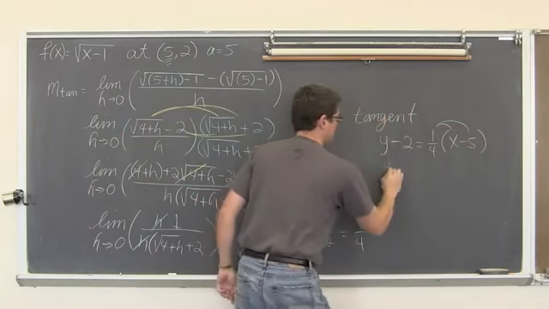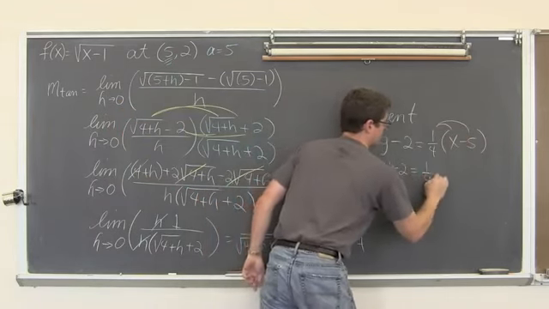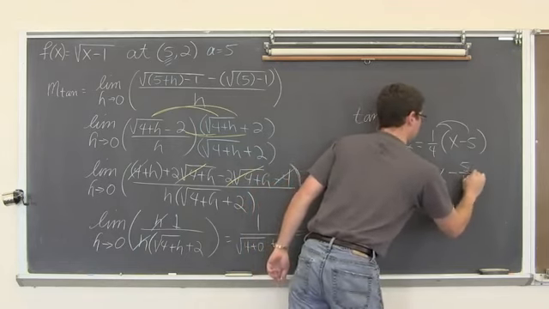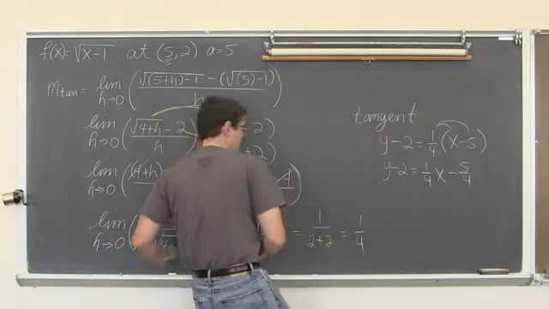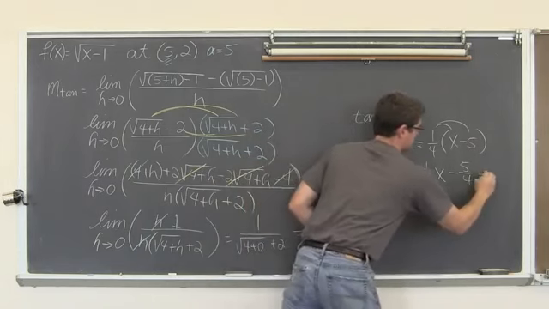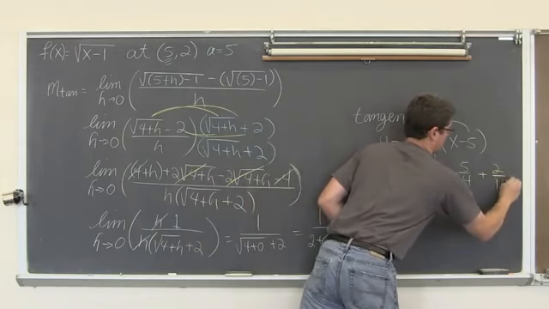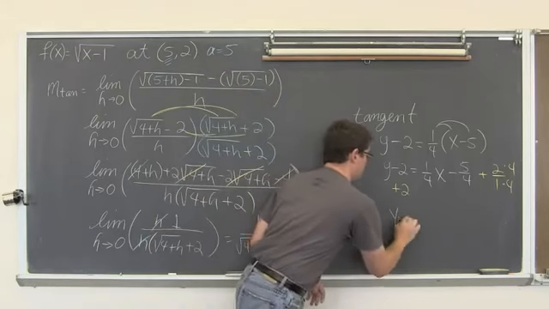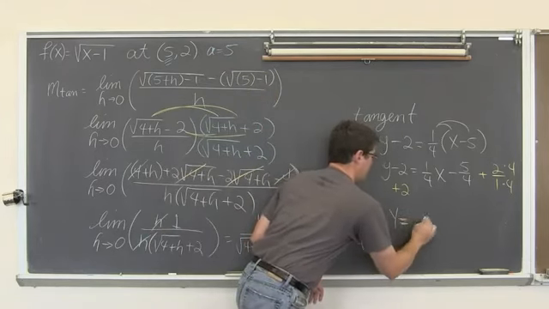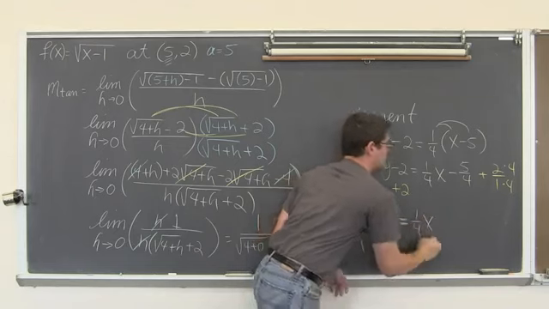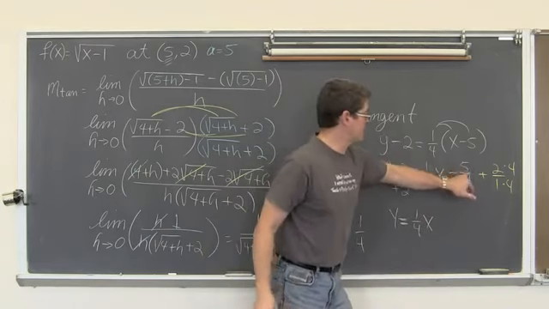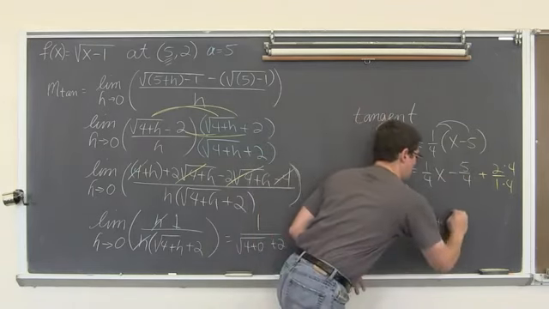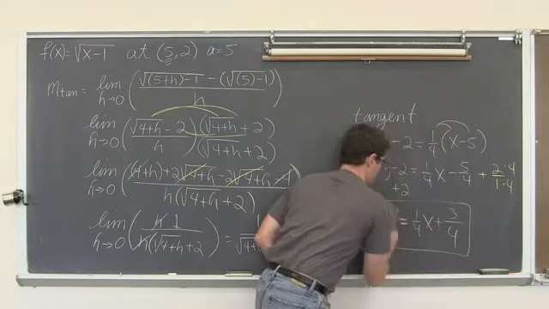Distribute that through. 1/4 x minus 5/4. Add 2 to both sides. Need a common denominator there. So we get y is equal to 1/4 x, negative 5 plus 8 is 3/4.